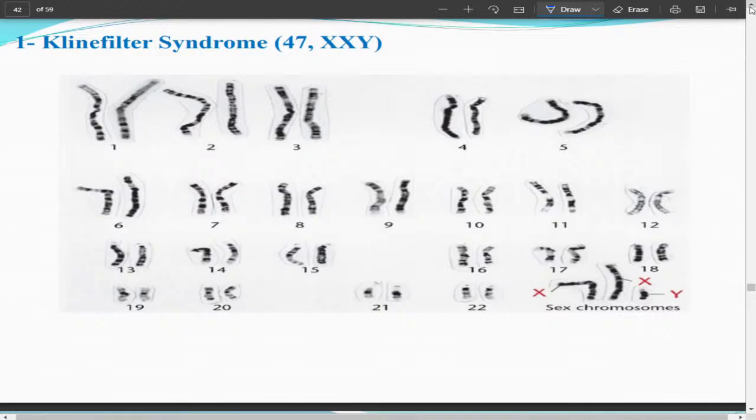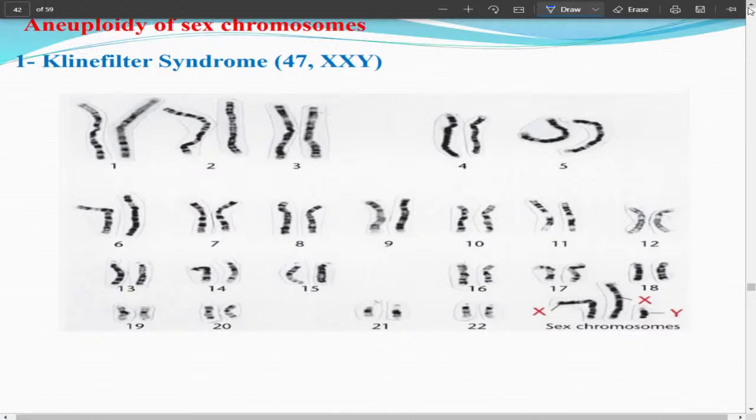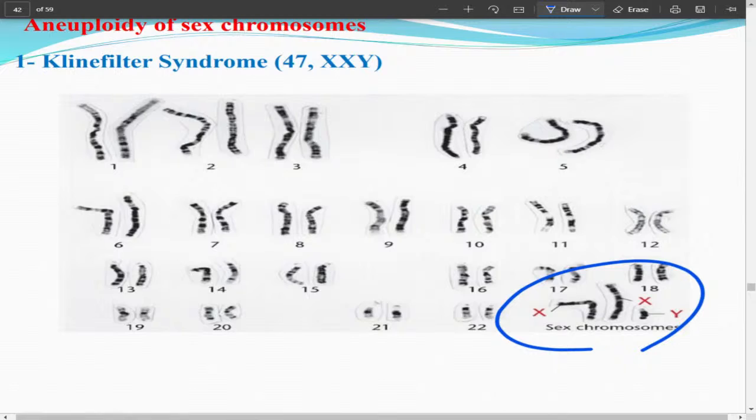The next genetic problem, mutation: aneuploidy of sex chromosomes. Klinefelter syndrome.